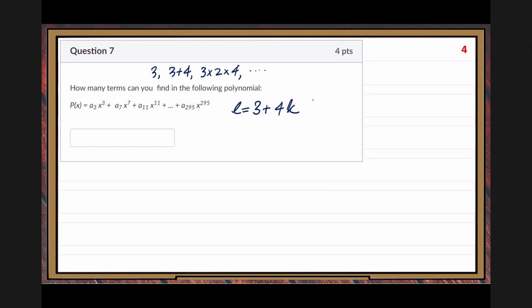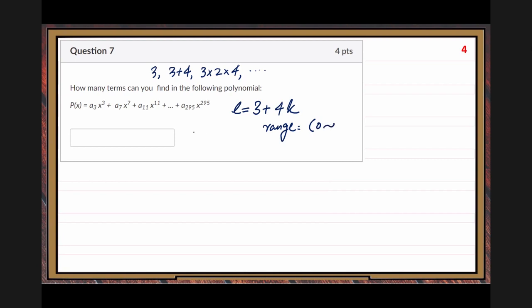Then we need to find the range for k, the smallest k and the largest k. The smallest k is 0, 4 times 0. The largest we need to figure out.